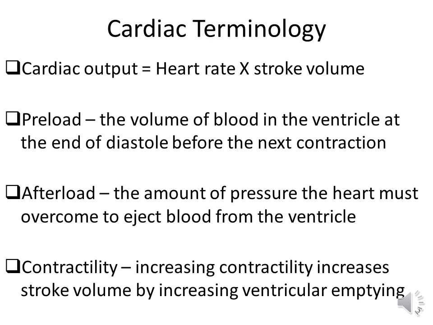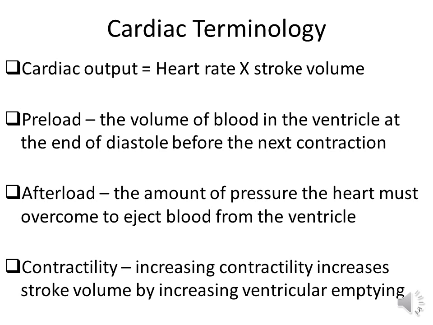Stroke volume being the amount of blood that comes out of the ventricle with each beat. So cardiac output allows us to meet the oxygen and nutrient demands of the body, and anything that would affect heart rate or stroke volume will affect cardiac output.